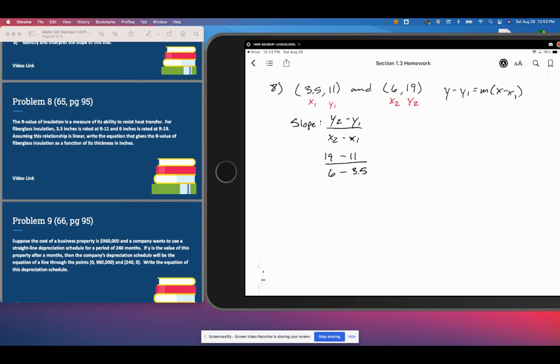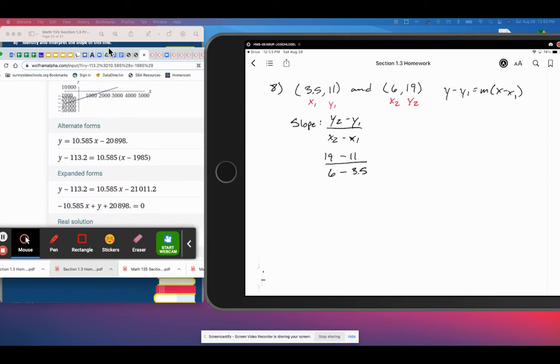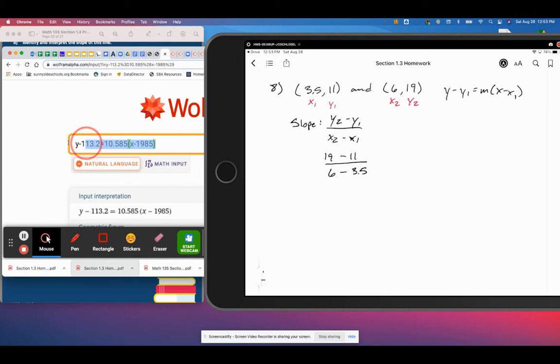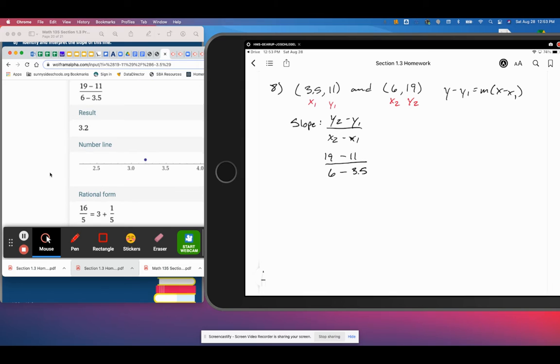Bringing in Wolfram to save the day for us here. And we get, that looks correct, a slope of 3.2. Okay.